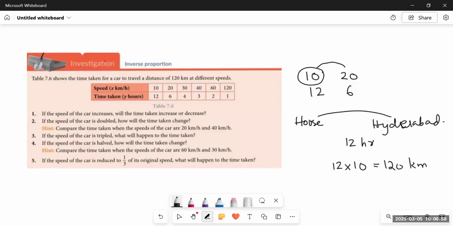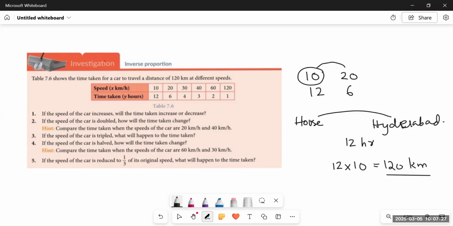But if I increase the speed from 10 to 20, the time taken would become half. That is, the same distance of 120 kilometers would now be covered in just 6 hours. And if I increase it further, from 20 to 30, the time taken would be further reduced to 4. You see, every time I'm increasing my speed, the time taken in hours is getting reduced.